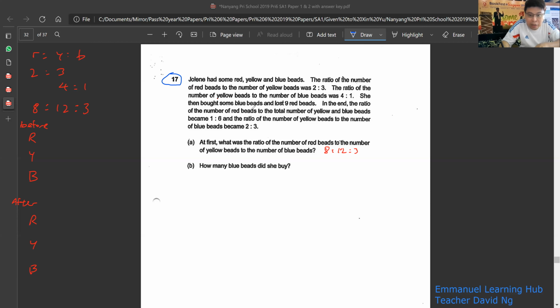Before anything happened, the ratio is 8 to 12 to 3, red, yellow, blue.